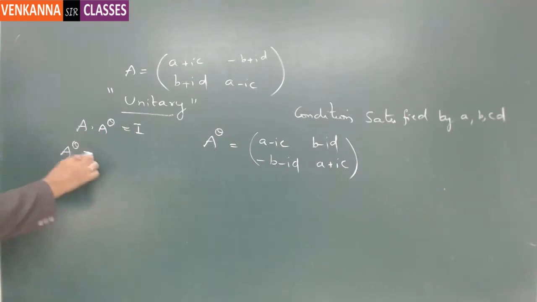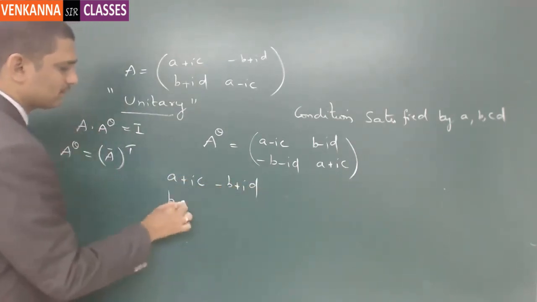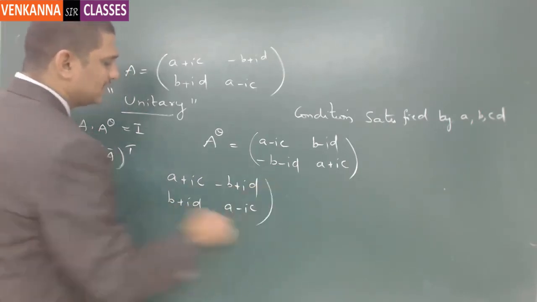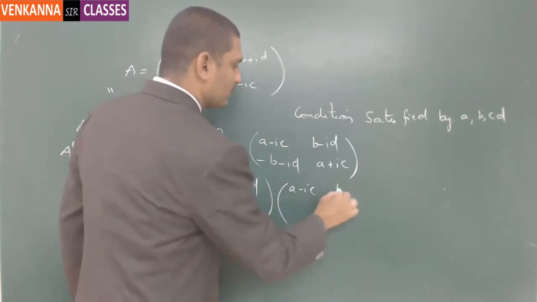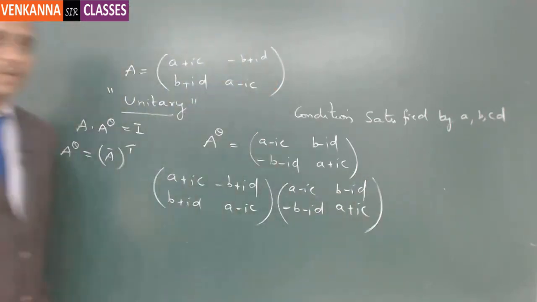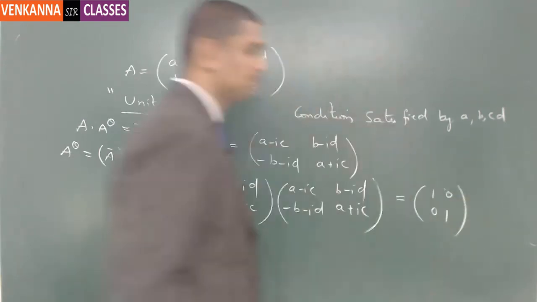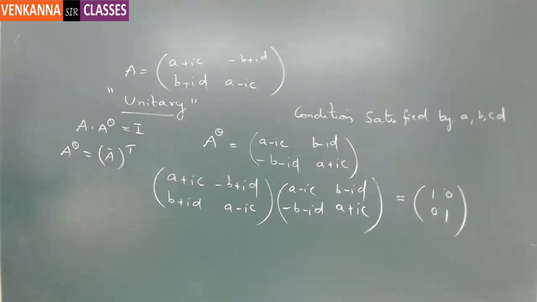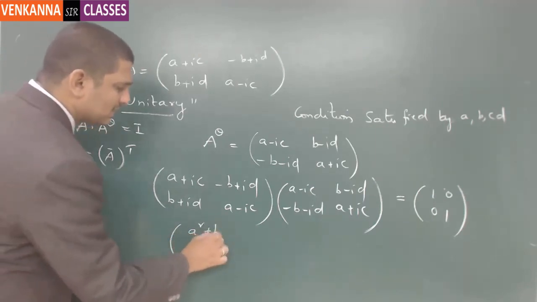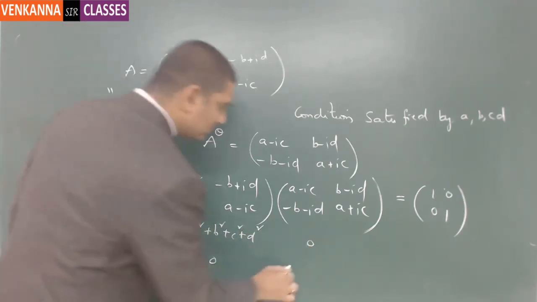A power theta is nothing but the conjugate transpose of A. And substituting the values, you will get a plus ic, minus b plus id, b plus id, a minus ic, into A power theta. So A into A power theta is nothing but the identity matrix. So you will get 1, 0, 0, 1, since it is a 2 by 2 square matrix. So on multiplication you will get the value as a square plus b square plus c square plus d square here and 0, 0.